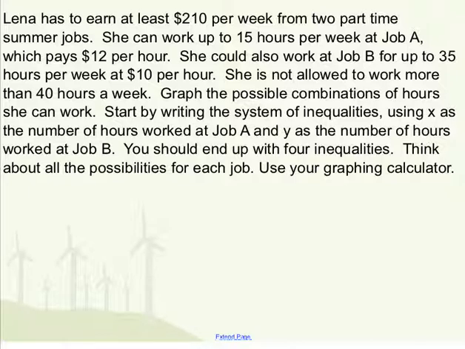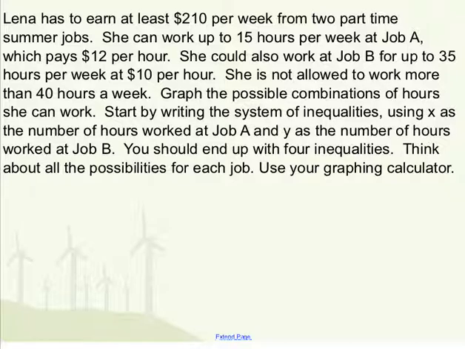Start by writing the system of linear inequalities using X as the number of hours worked at job A and Y as the number of hours worked at job B. We should end up with lots of different inequalities here. So let's write these different inequalities.